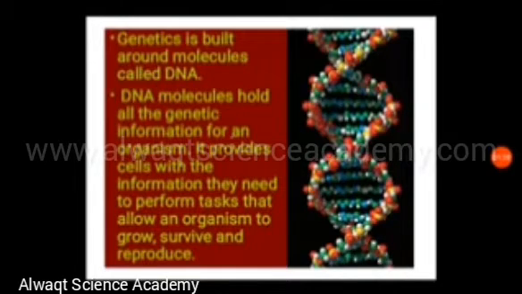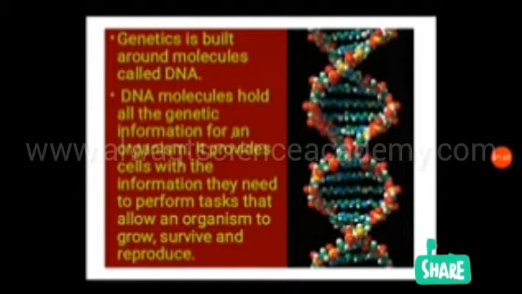So everything about the life of an organism is controlled by information that is held by the DNA molecules. And they are the molecules that are passed from generation to generation for organisms to retain their structure, their look, their appearance, and their functions.